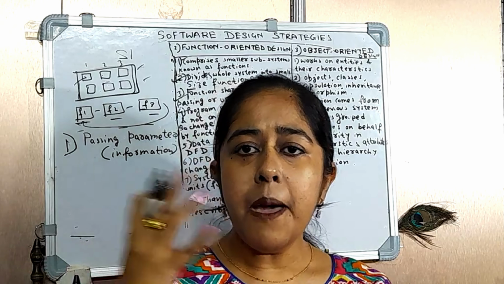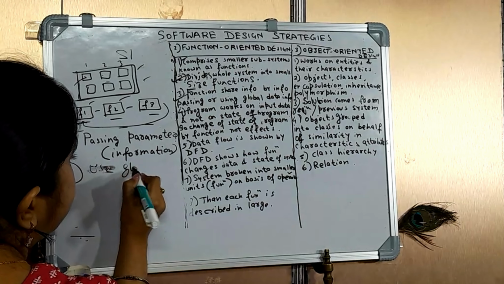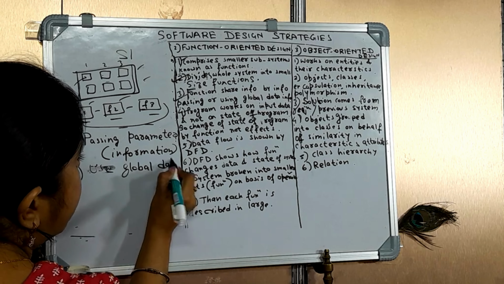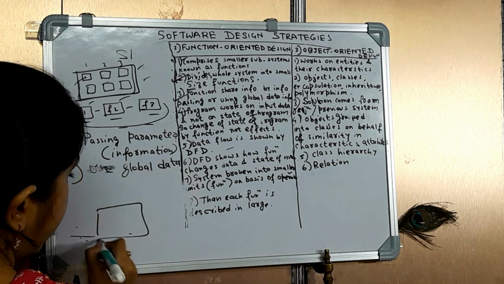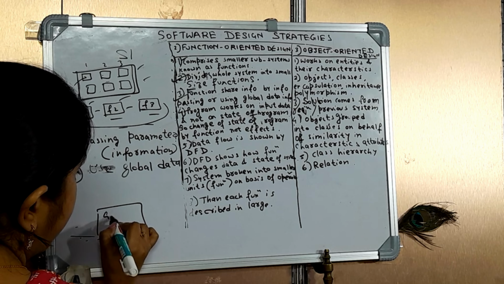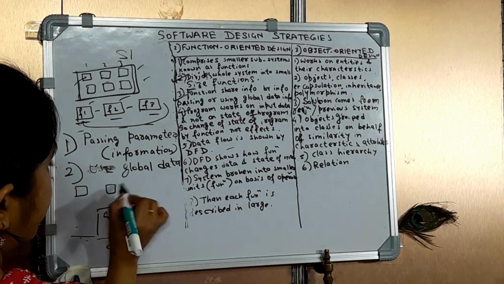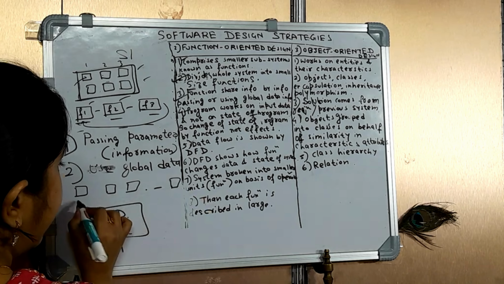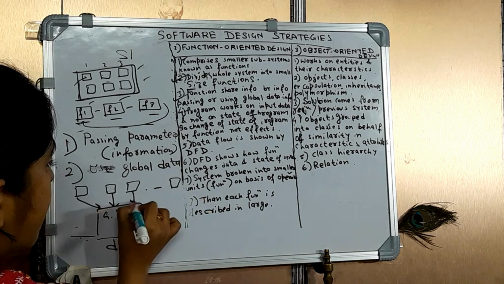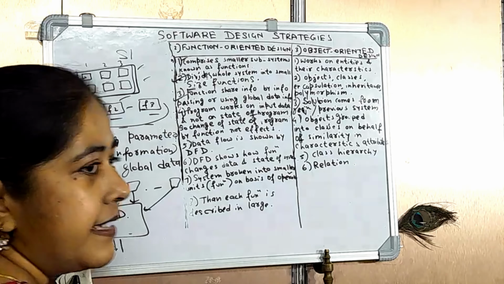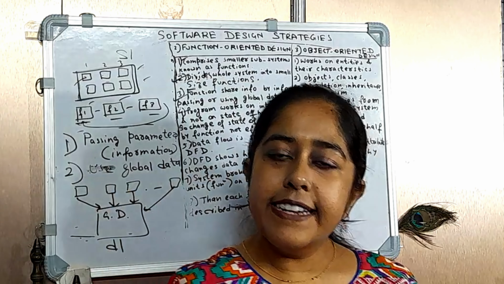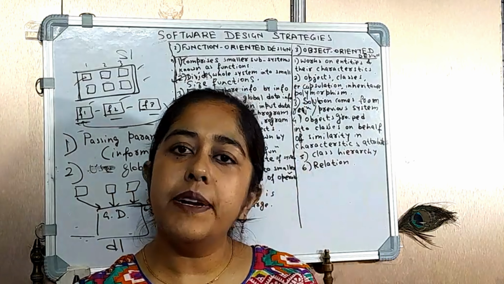Or second, they can use the data of the global data. Suppose this is my D1 set, that is my global data, and these functions F1, F2, F3, anything up to Fn, can use the data of this global data. They all can easily share the data or get any information from this global data.